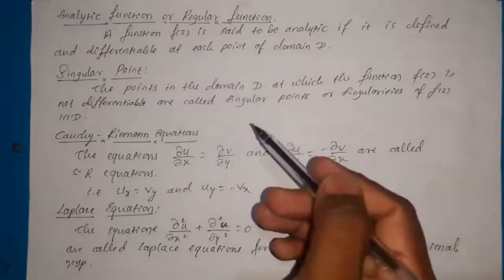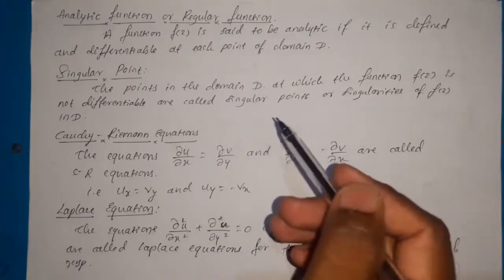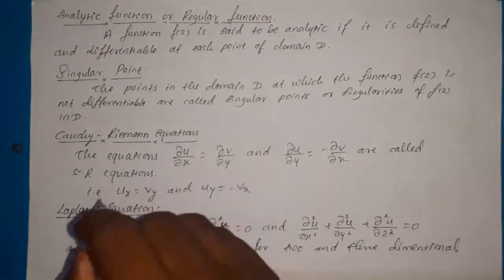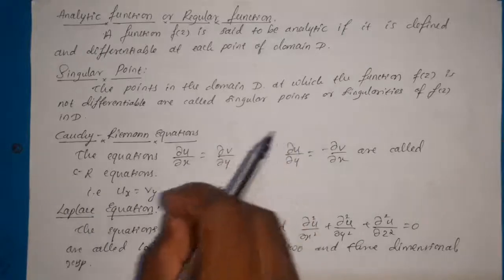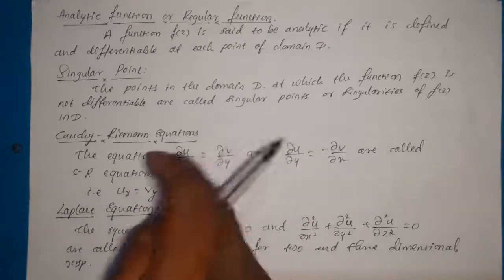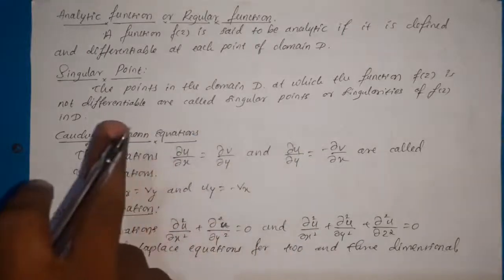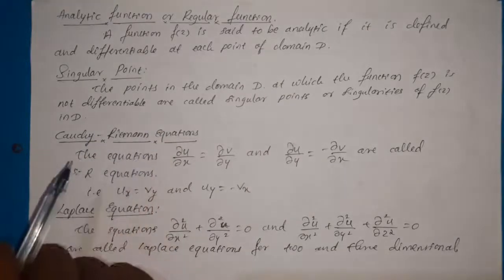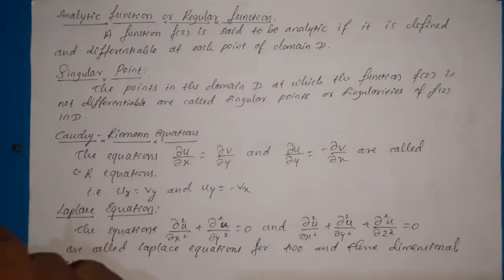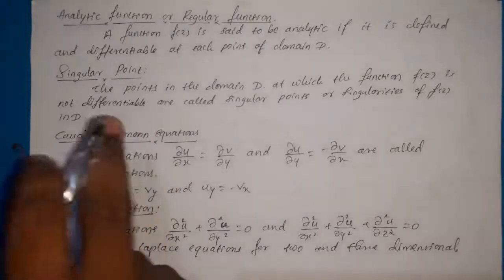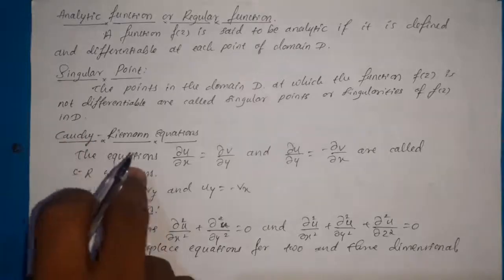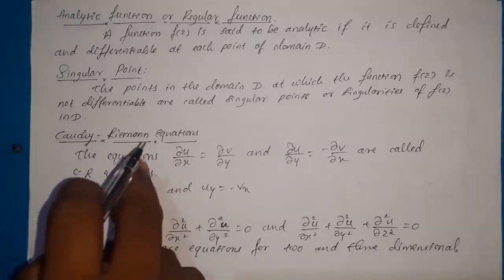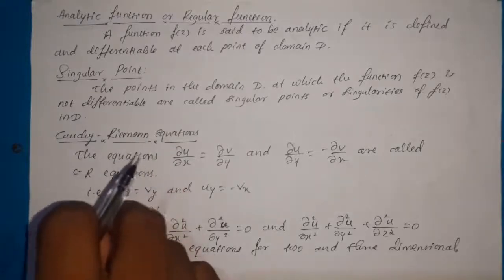In case at some point the function is not differentiable, meaning f dash of z is not defined at some particular points of the domain D, then those points are called singularities of f of z or singular points of f of z.